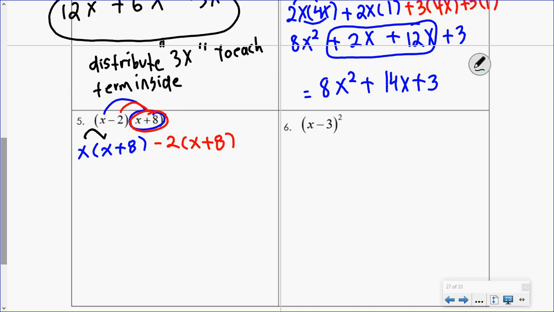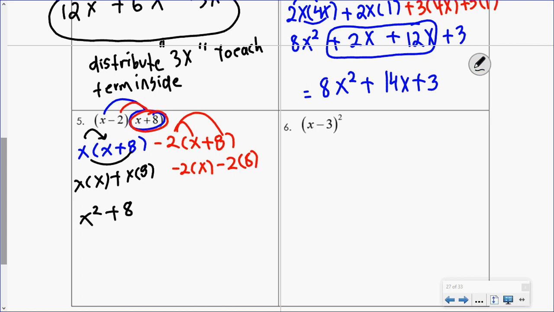And x times x, and then x times 8, minus 2 times x, minus 2 times 8. I'm going to simplify. I get x squared plus 8x's minus 2x's minus 16. Combine my like terms, x squared plus 6x minus 16.